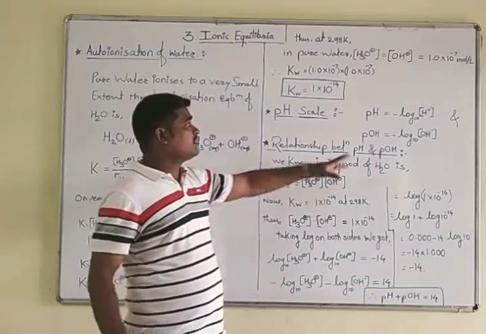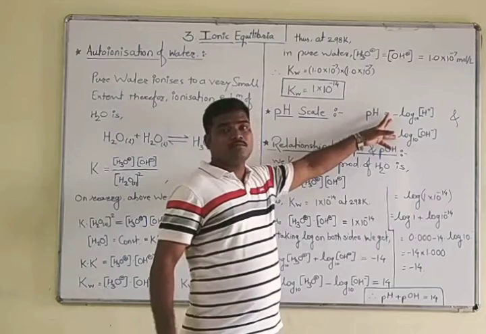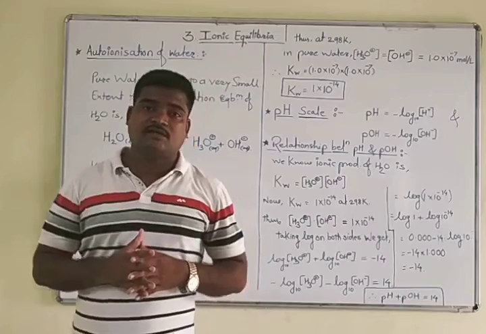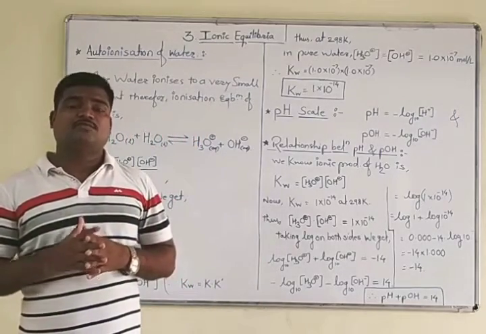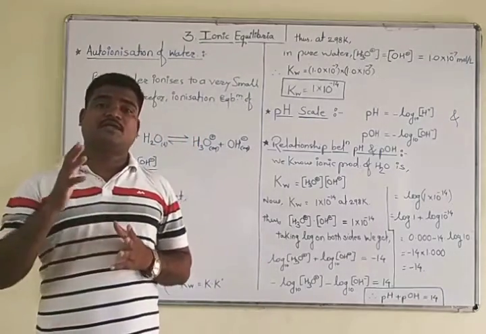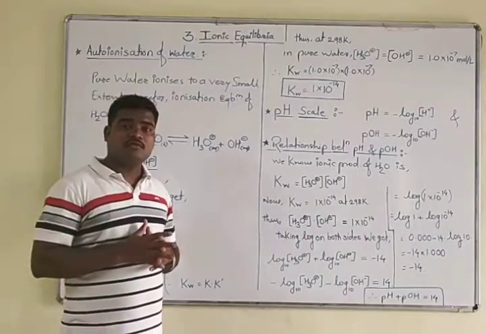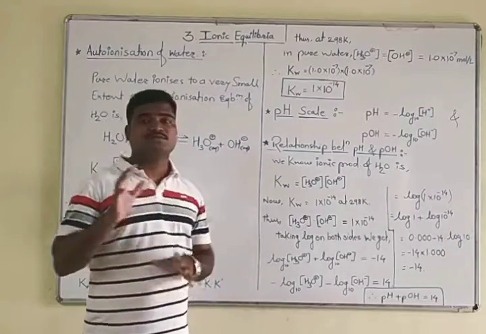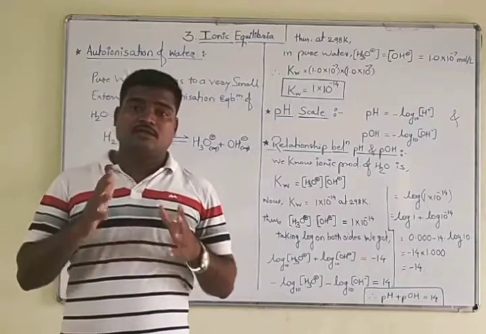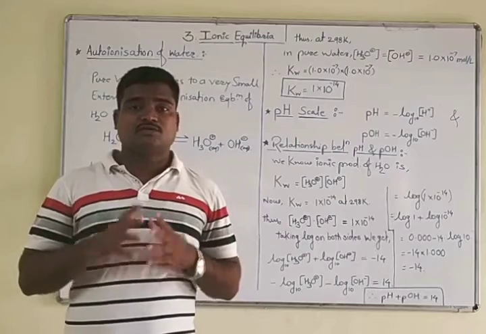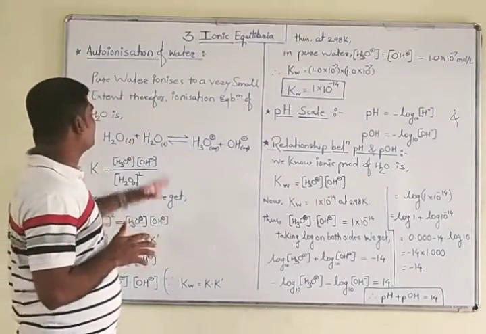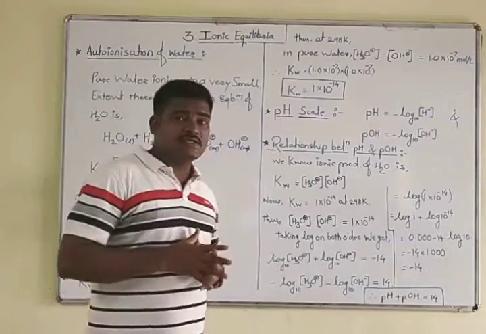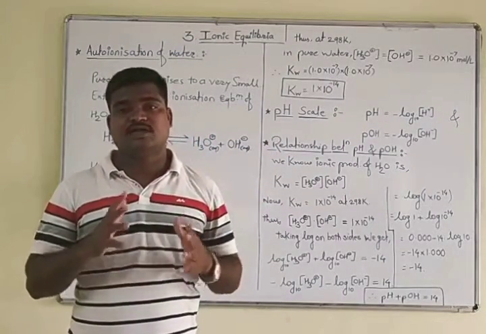Many problems based on pH and pOH are asked in NEET, CET and JEE for 1 mark, 2 marks. Like that, in theory also, all these equations are very important in your theory examinations. So this is, in short, about the autoionization of water, the ionic product of water, the pH scale, and the relationship between pH and pOH.